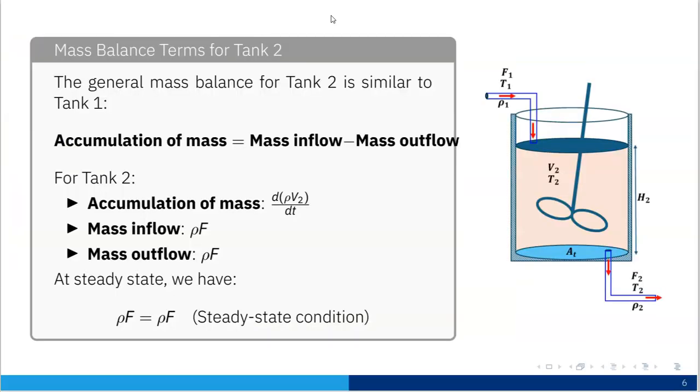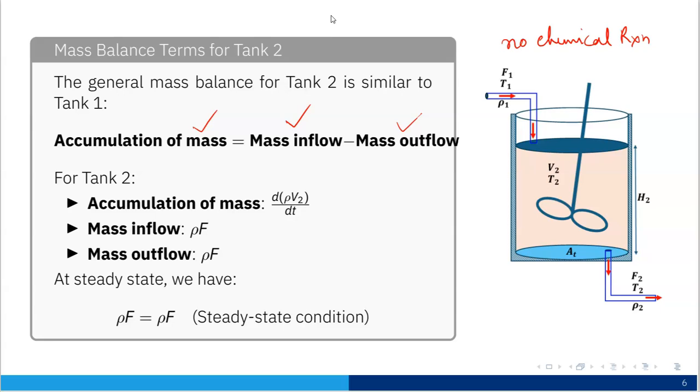Now for the tank 2 mass balance, accumulation of mass is equal to mass inflow minus mass outflow. No chemical reaction is happening, so mass generation and consumption are 0.